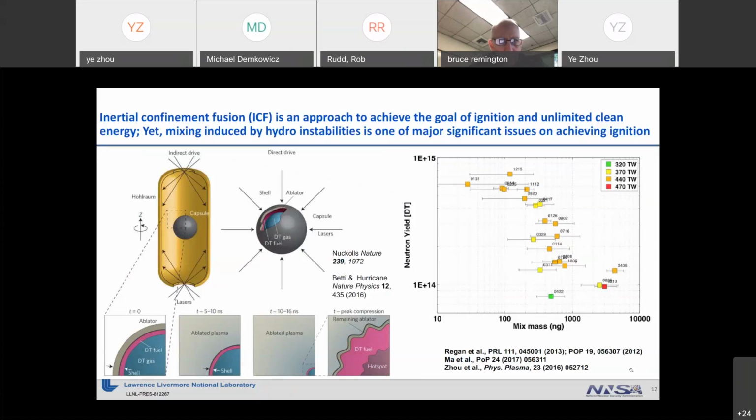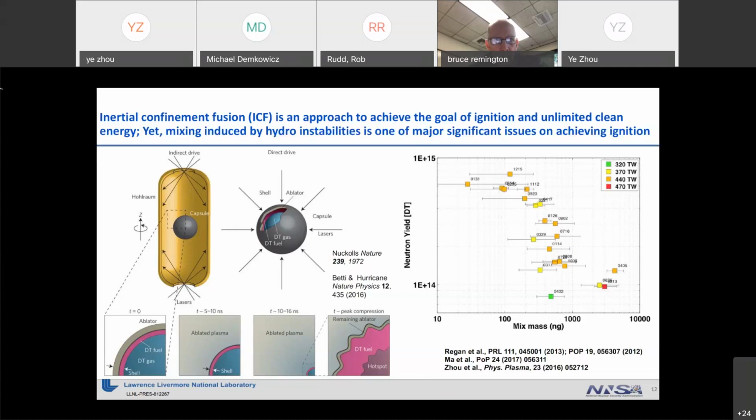But in a lot of cases, it's very unwelcome. One of these important situations is inertial confinement fusion, or ICF. A lot of work is trying to achieve ignition. If we can do that, then we are going to have unlimited clean energy.